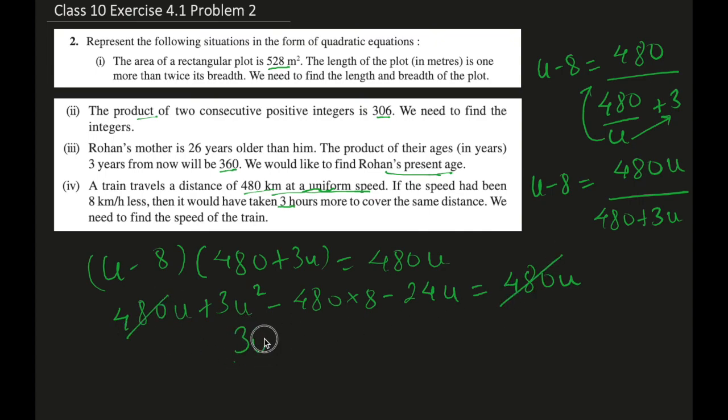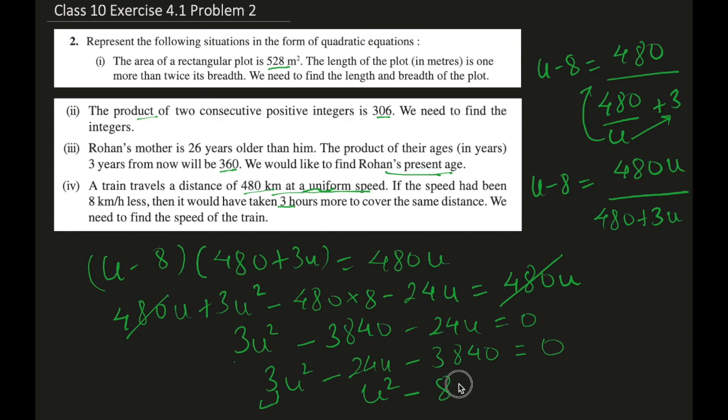So it is 3u square minus 3840 minus 24u equals to 0. So our answer is 3u square minus 24u minus 3840 equals to 0. Now we can take 3 common from this. We will be left with u square minus 8u minus 1280 equals to 0. This will be the final answer.